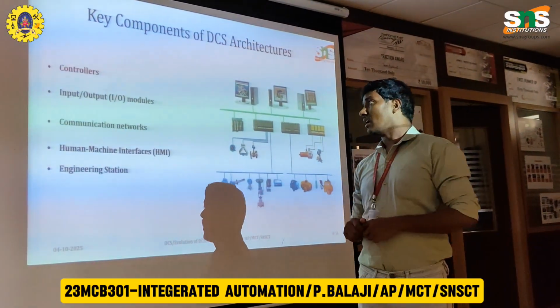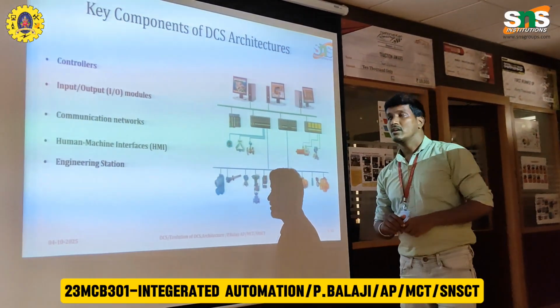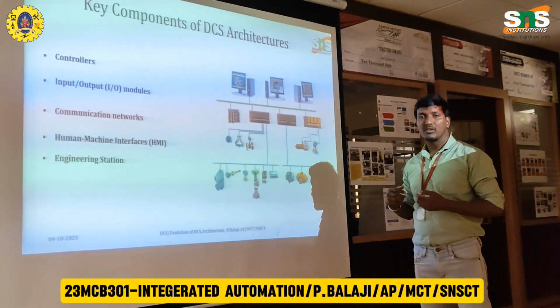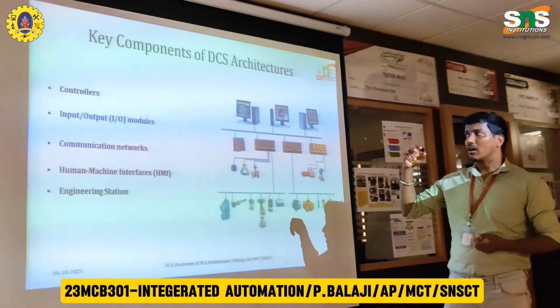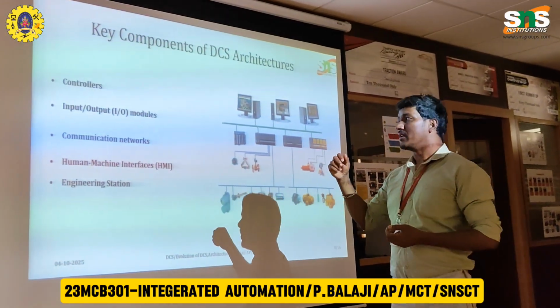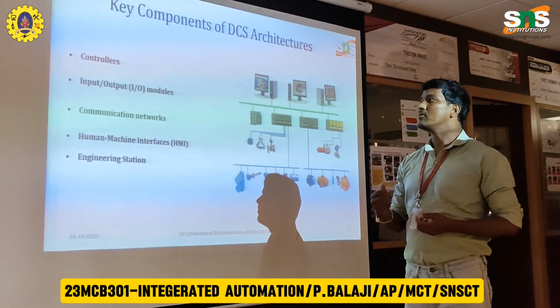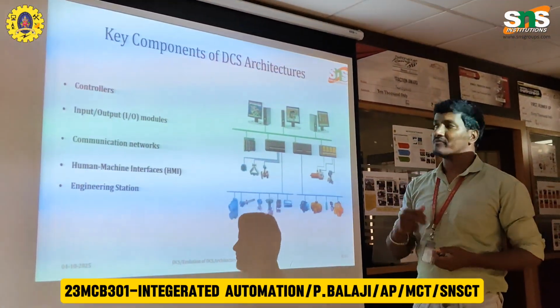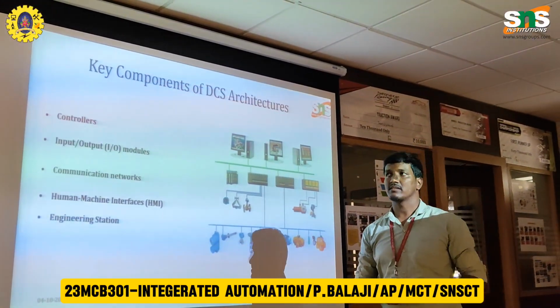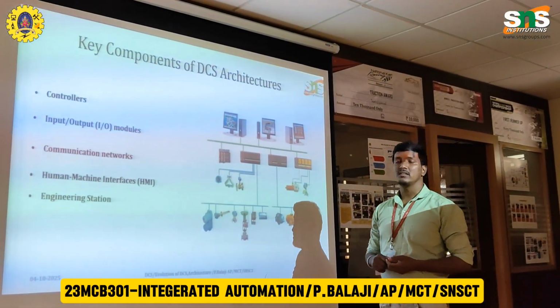In our input output module, we give an input from the supervisory control by using our PLCs, and then the same kind of signal goes to our output devices like actuators through our PLCs.